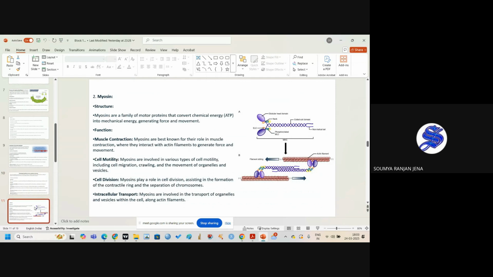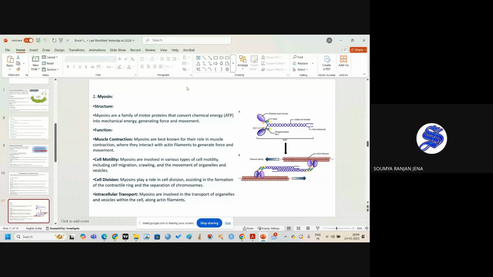Then we go to the myosin structure. If we go to the structure of myosin, myosins are a family of motor proteins that convert chemical energy, that is ATP, into mechanical energy, generating force and movement.